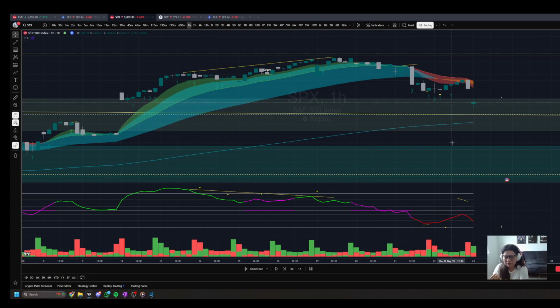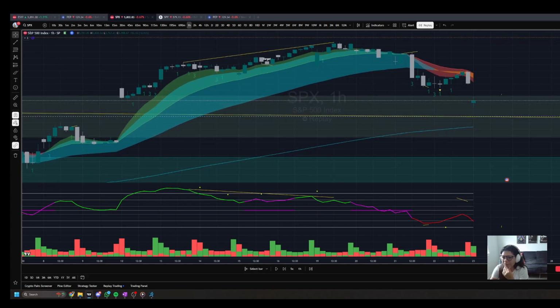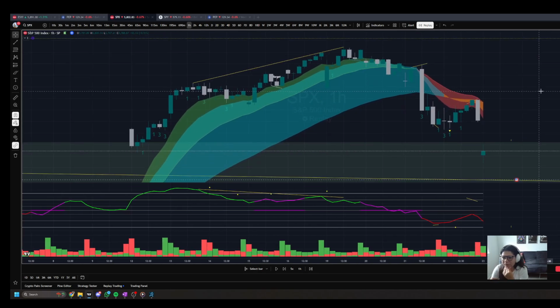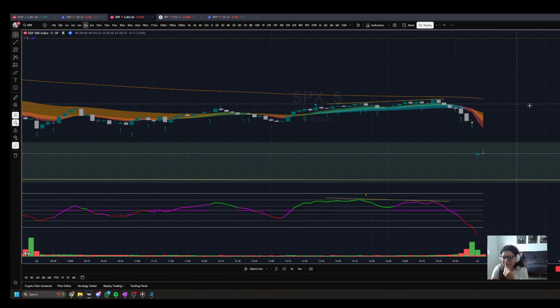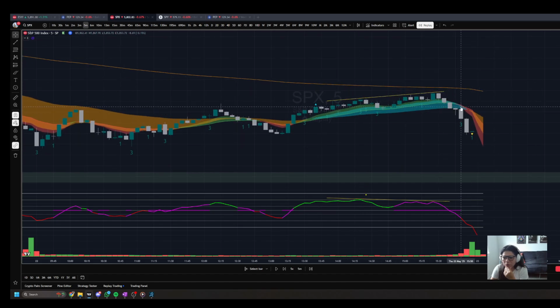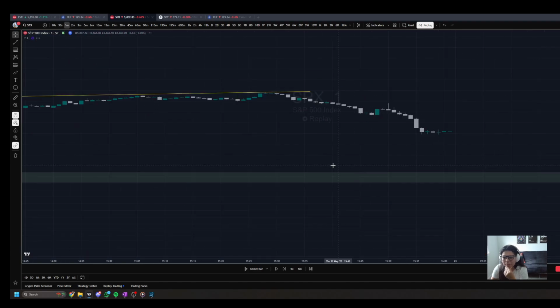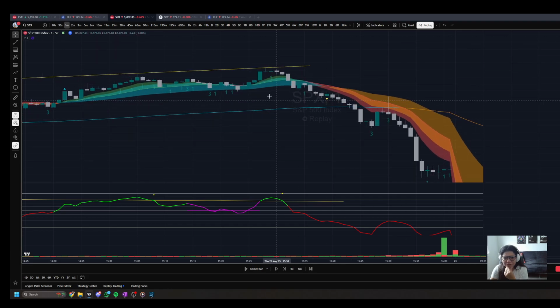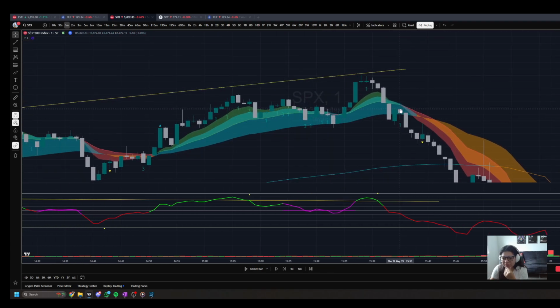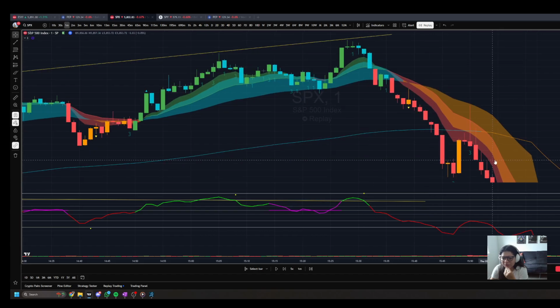Basically, you start looking for gamma, you start looking for divergences, and if they align with the pivot ribbon as well, like if you see a divergence that is rejecting the ribbon, or here it started to switch. Here we started to reject right here, and this is a good entry to scale in for puts.